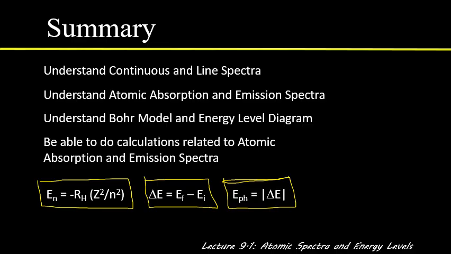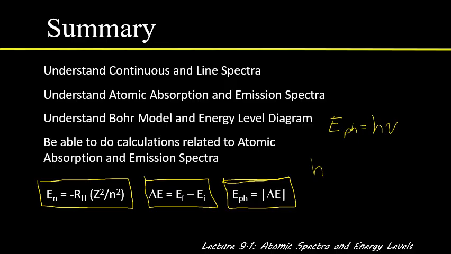I'll add two more equations that go back to the section on light, but maybe should have been included in here. And that is, remember that the energy of the photon is Planck's constant times the frequency.